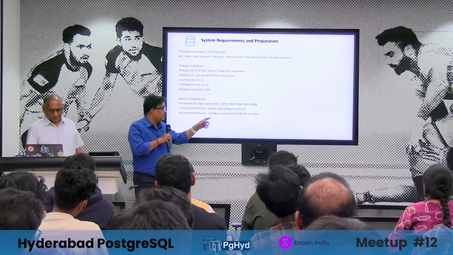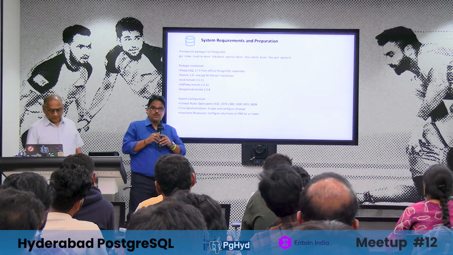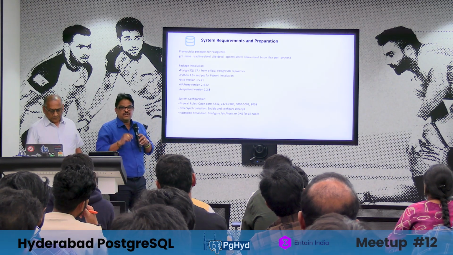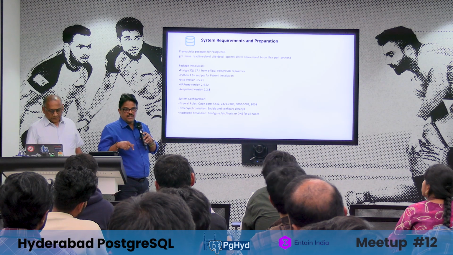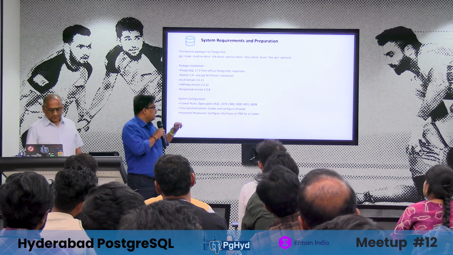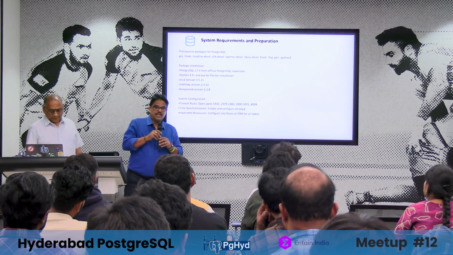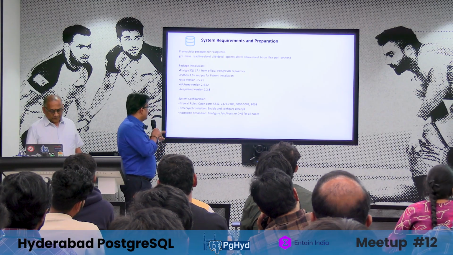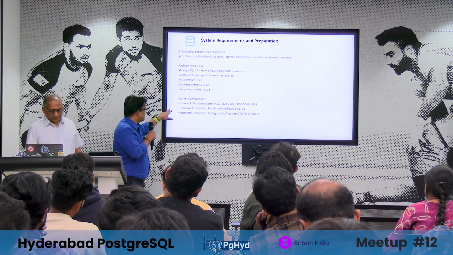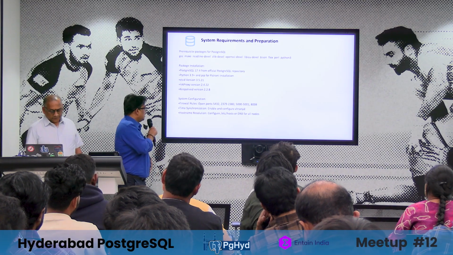In that case, you will use the 5001 port in the algorithm which you configure in HAProxy. That algorithm will take care of rerouting the connections based on read-write or read-only operations. 8008 is the port for REST API connections. These are the firewall rules which are required.